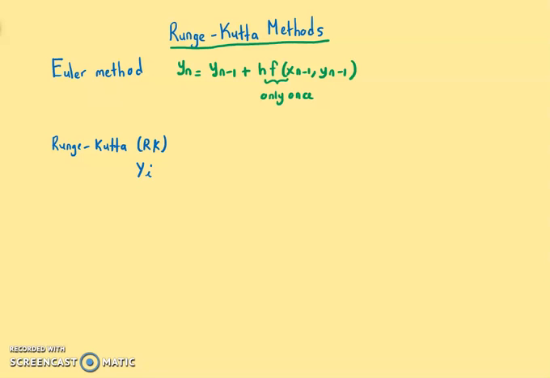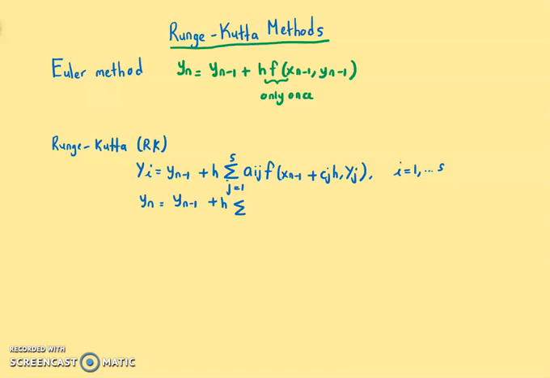We have big Y equals yn minus 1 plus h summation j equals 1 to s aij f of xn minus 1 plus cj h, Yj, where i takes values from 1 to s, and then we have the little y, given as yn equals yn minus 1 plus h summation i equals 1 to s bi f of xn minus 1 plus ci h, Yi. Now I would like to explain all these terms used here.